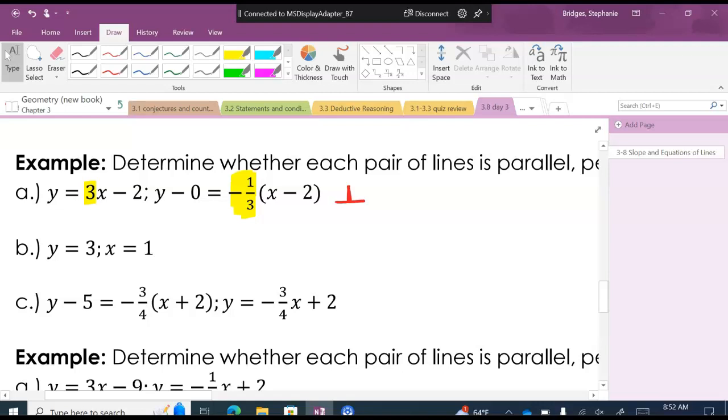You just write neither. Or you can put not if you want to, it doesn't matter. So go ahead and try B, C, D, and E in that next section. Look at your slopes. If they are exactly the same, they are parallel. If they are opposite and reciprocal, they are perpendicular. And if they don't have any kind of relationship at all, then it would be neither.